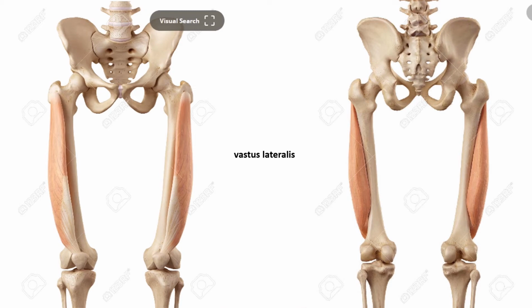The figure on your right shows you a posterior view where you can find also the vastus lateralis, because it is so big, you can see it anteriorly and posteriorly.